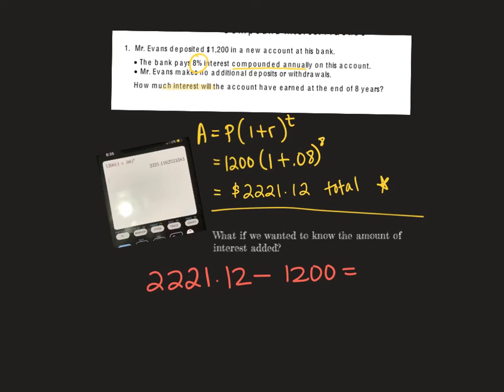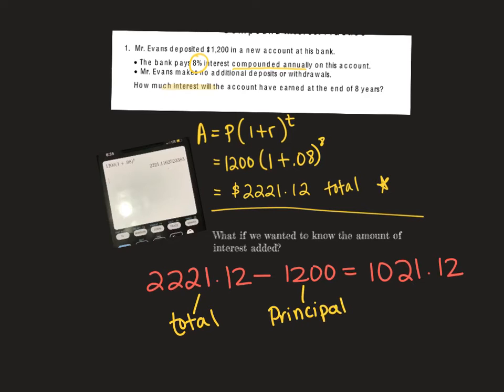And that's going to tell us that the amount of interest that was added to this account is $1,021.12. So again, this is my total, which is the number the formula gave me. I'm subtracting my principal amount.